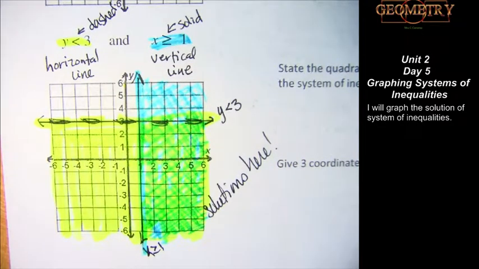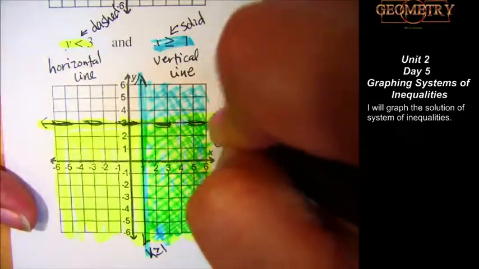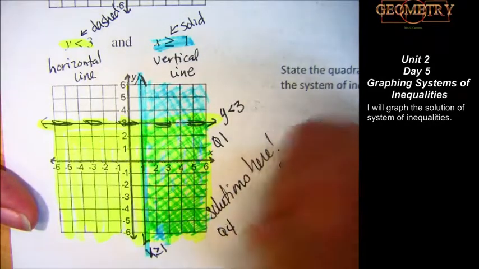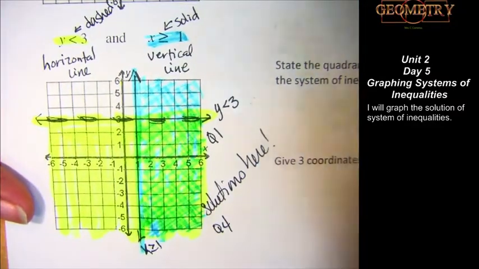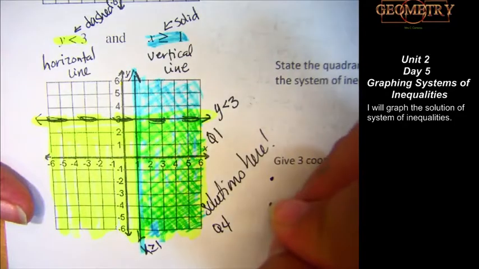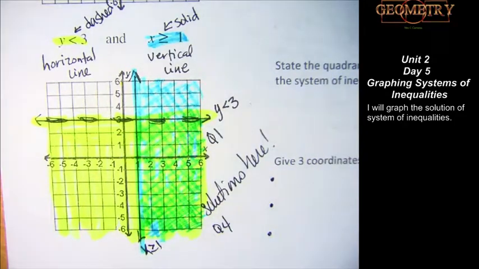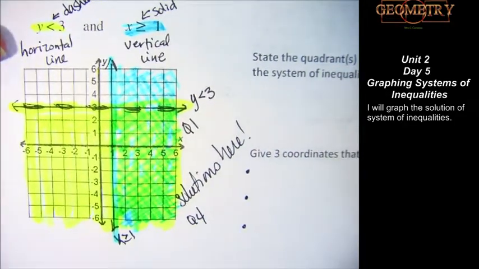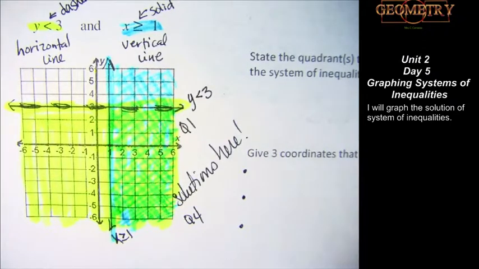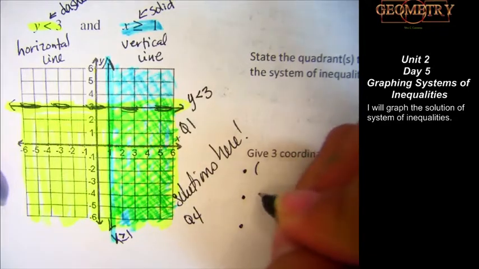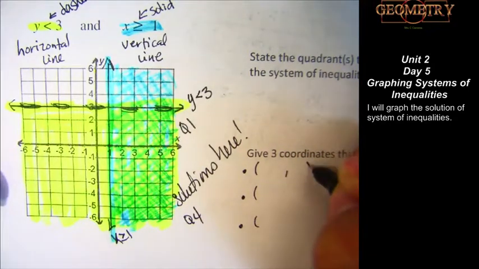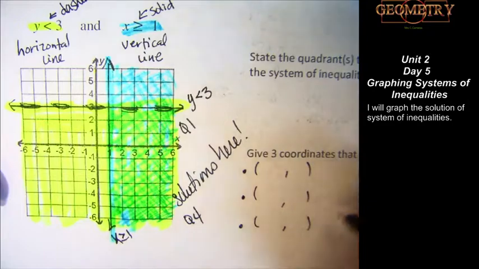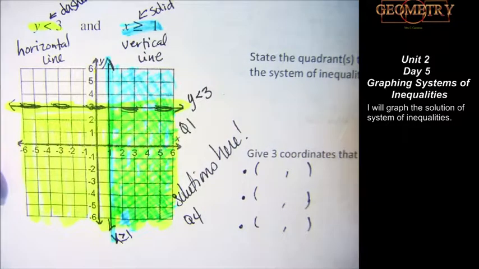What quadrants, rather? 1 and 4, because this is quadrant 1 and this is quadrant 4. Good. Let's list off 3 coordinate points that are going to be in the solution set. Can I get 3 different people to give me 3 different coordinates that they think belong to the solution of this system? If you're not sure, you can just give me any 2 points and we'll check it.